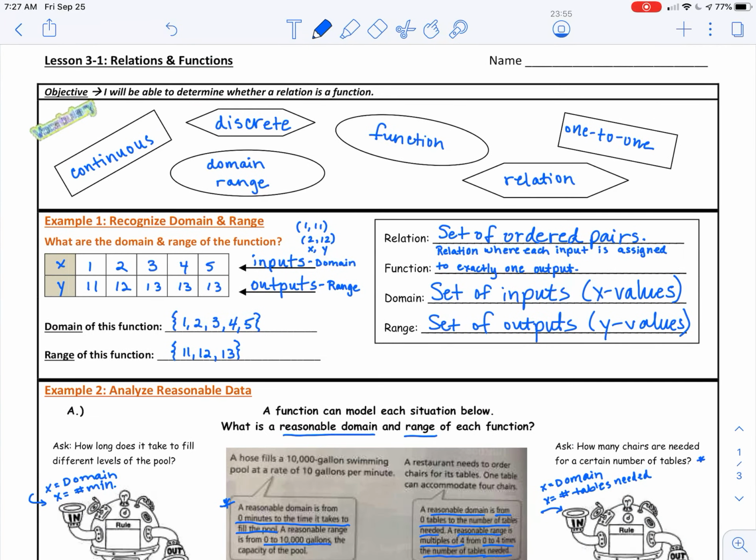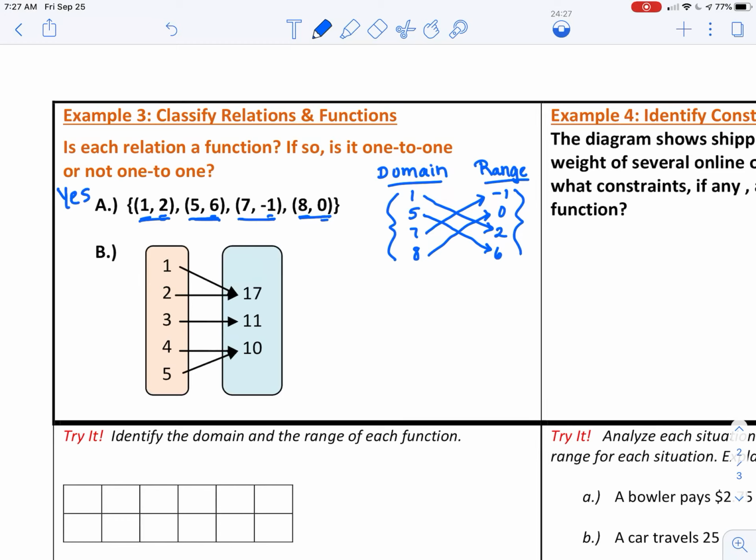And the second question was, is it one-to-one? Well, it is a one-to-one because as you see in the diagram here that we mapped out, each x value has a match to only one y value, or each input of the domain matches exactly one output, which is the range. So this is what we call a one-to-one. That's what letter A is. Now let's look at letter B.